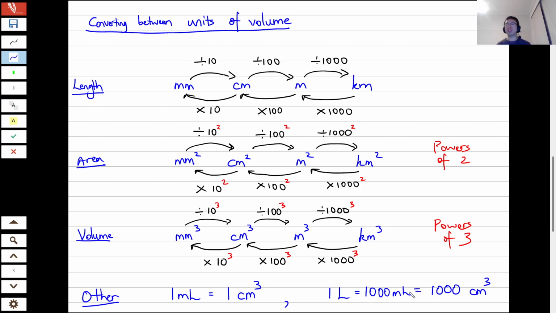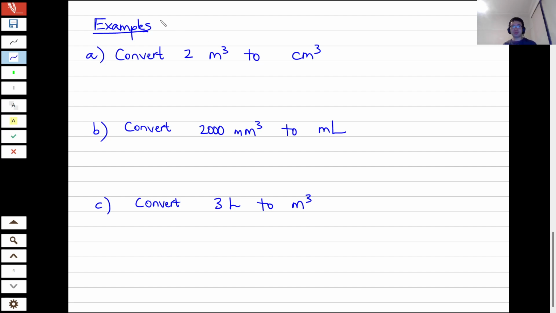Okay, so just keep that in mind, because now we're going to do some examples, as we always do, involving the metric units with millimeters to kilometers, and mils and liters. So here we go.